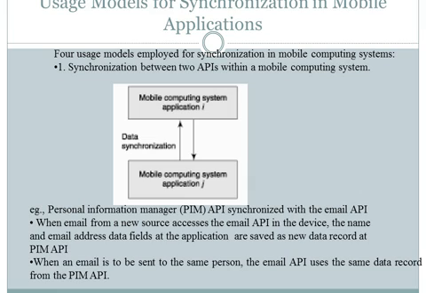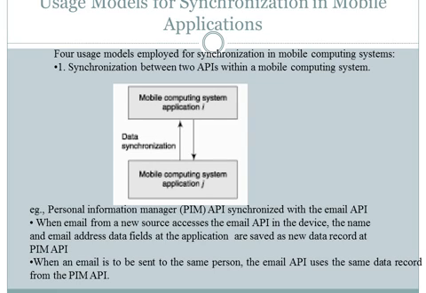Whenever a new email comes to a device from another device, it accesses the email API in the device. Then this email information, such as the name and email, is automatically updated at the PIM API, which accesses the email API and stores these details.